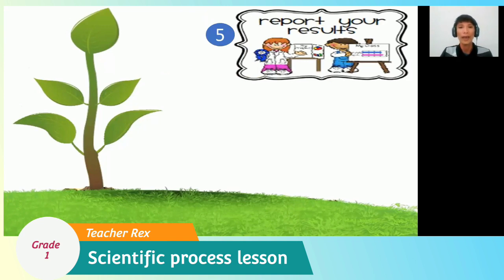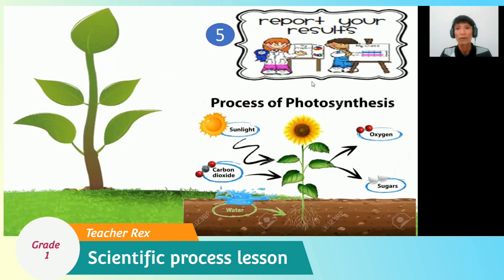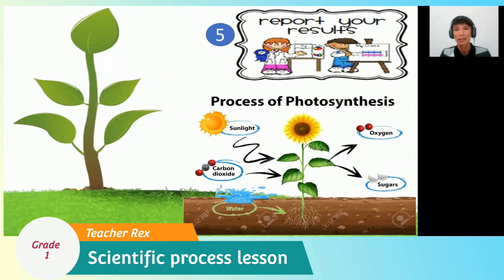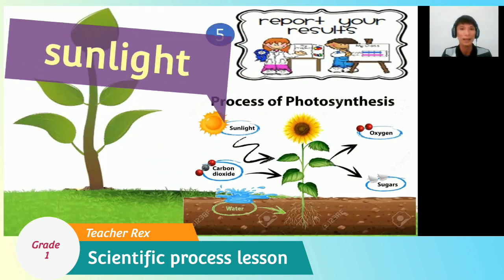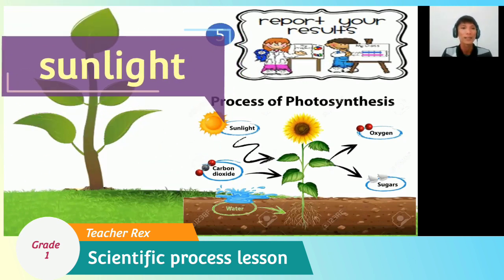And lastly, we have here number 5, report your result. And the result is the process of photosynthesis. So when we say photosynthesis, the plants need sunlight. I repeat, sunlight.